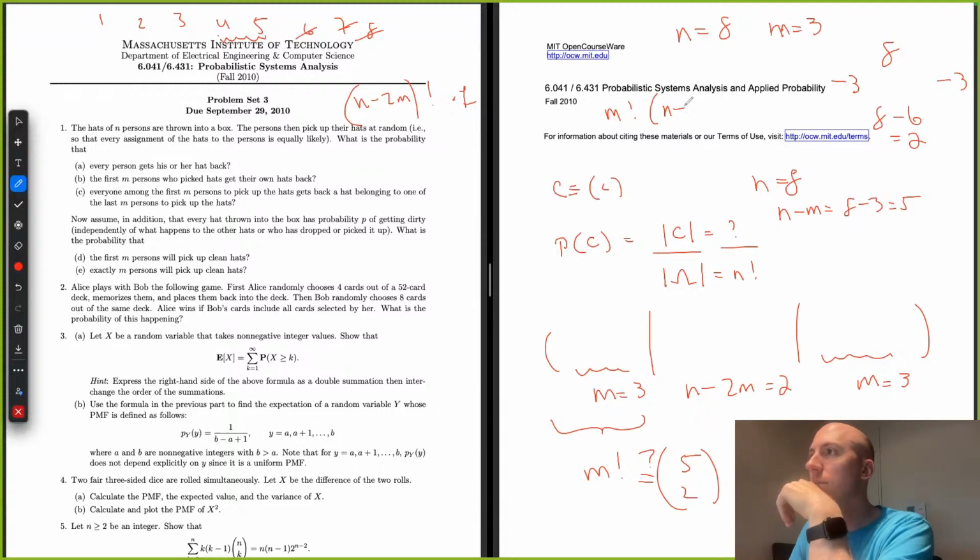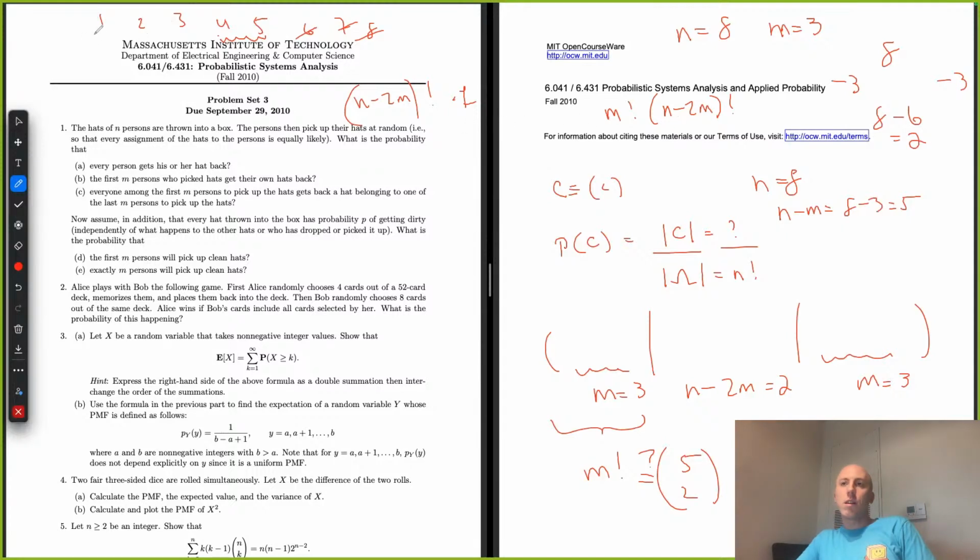So it's n minus 2m factorial. And then you do need to say, how many are remaining here?